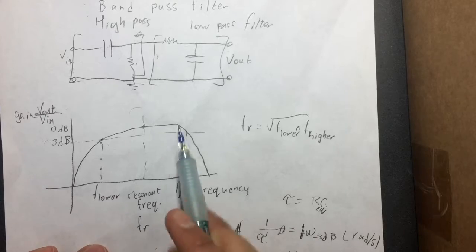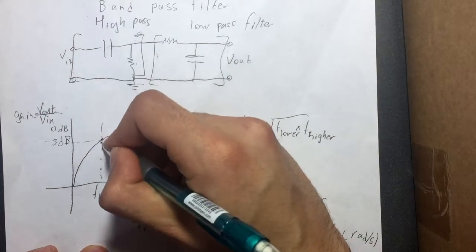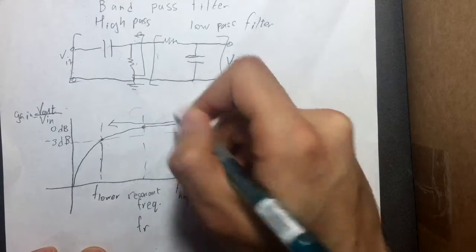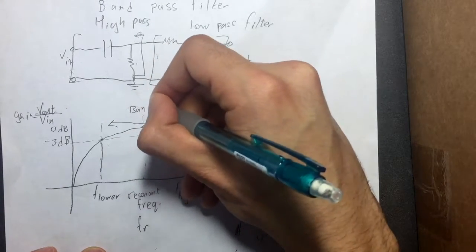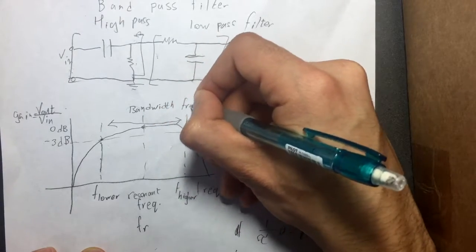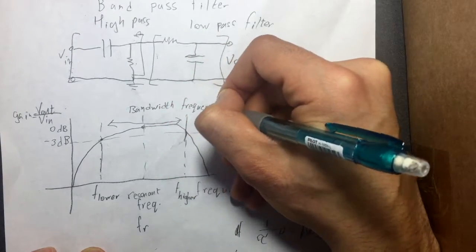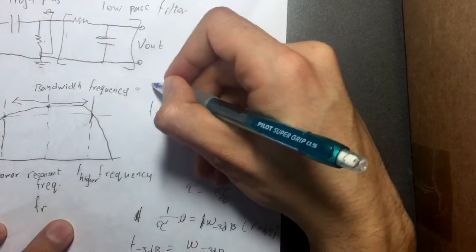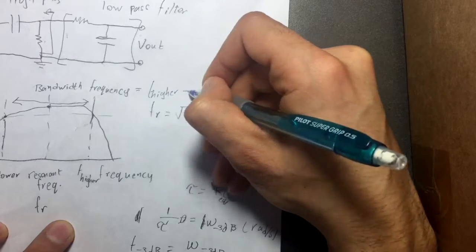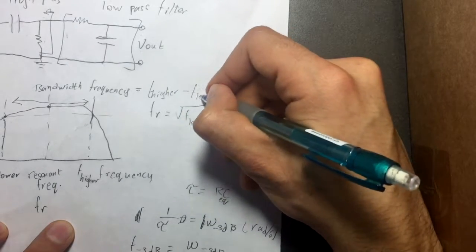So this range over here is called the bandwidth frequency. It's determined by subtracting the lower frequency from the higher frequency.